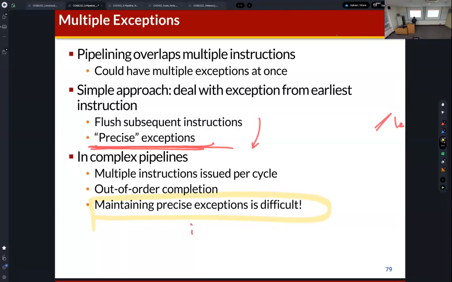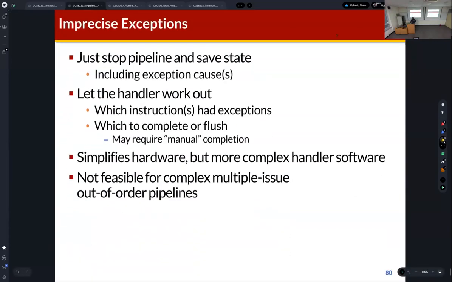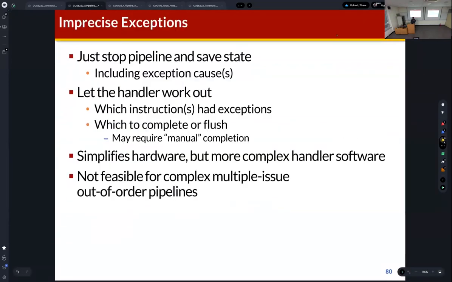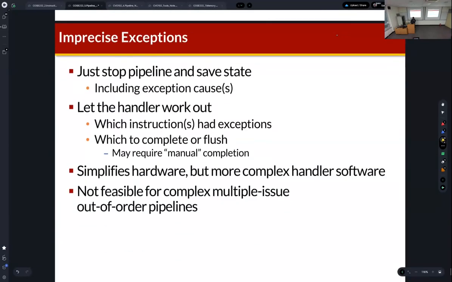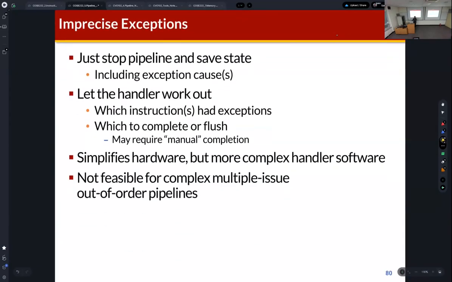But don't worry. The modern CPUs support precise exceptions. Some processors support imprecise exceptions.